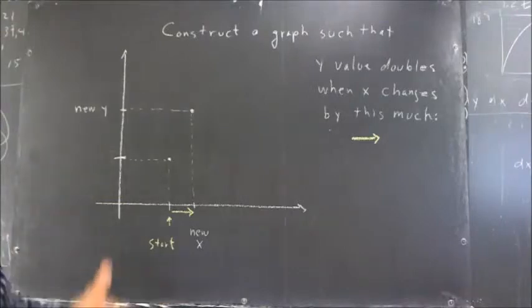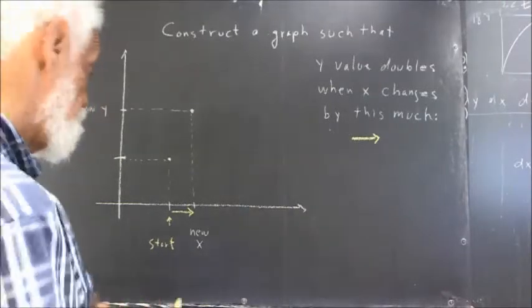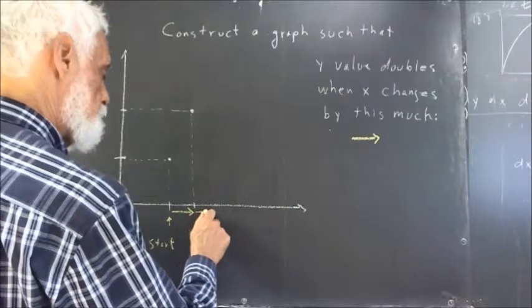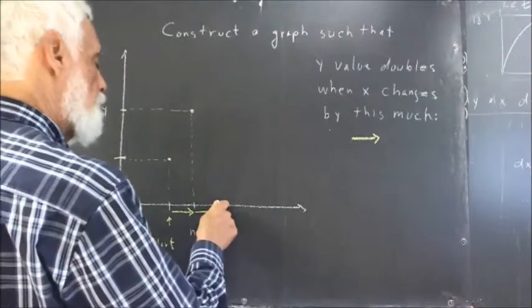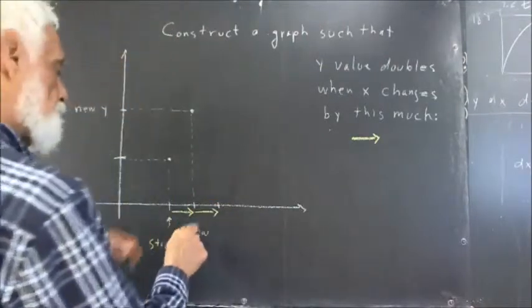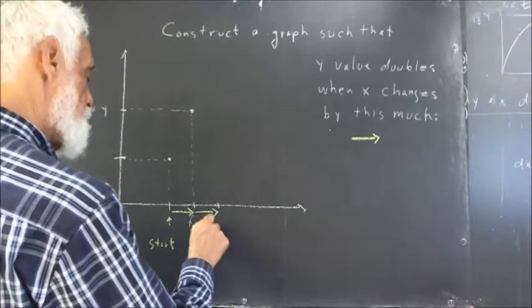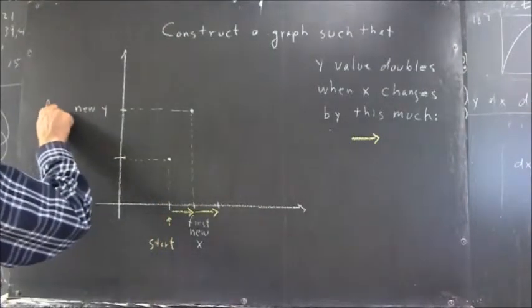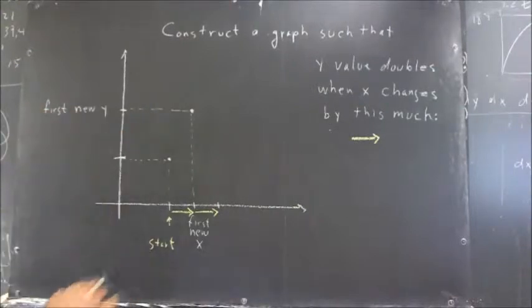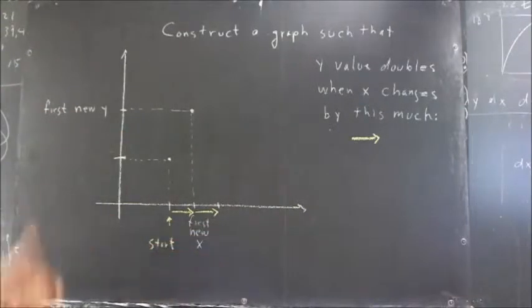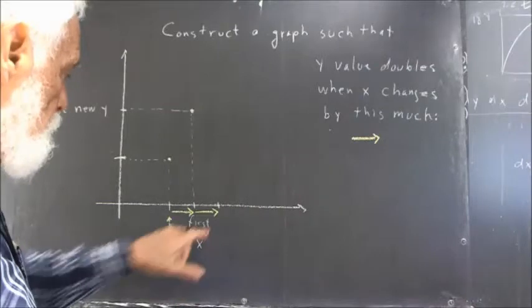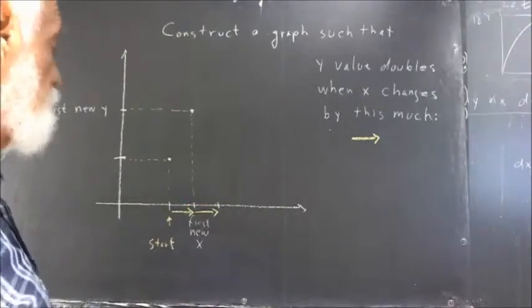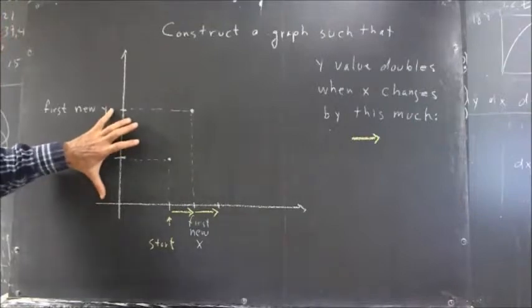Okay? Now, hopefully you've done that. Hopefully you've paused and done that. But I'm going to go to the new x now. Going to change by the same amount. So here's my next value of x. So let's call this the first new x, and this is the first new y. And I'm not going to label this one. This would be our second new x if we want, and whatever our y is would be our second new y. But now we change by this much. Here's our new value of x, and y changes.